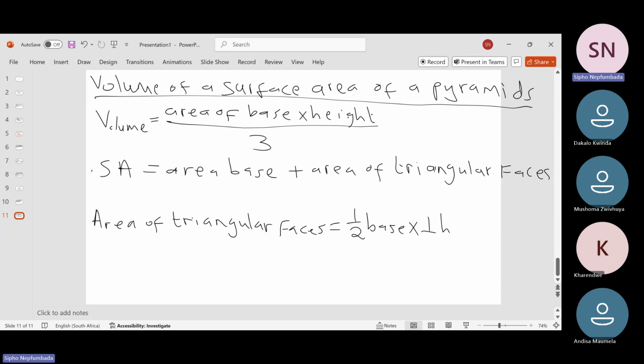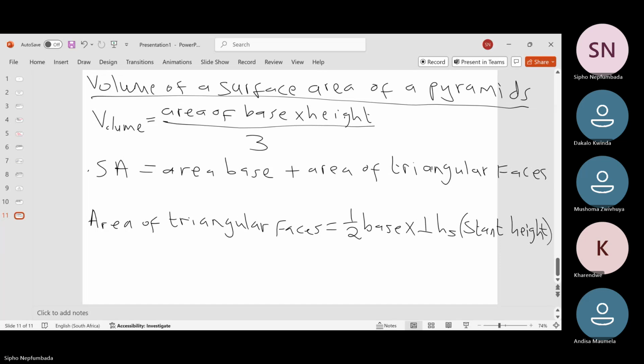It's a slant height. These ones we mean perpendicular heights, the slant height. Are we good?